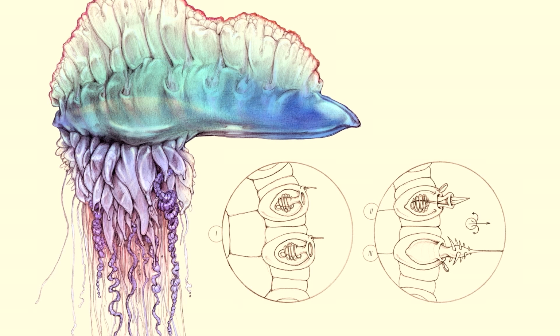These stinging tentacles are loaded with thousands of specialized stinging cells. Each of these is spring-loaded and contains a venom-soaked harpoon that fires upon contact. And that can be really bad news when you have hundreds or thousands of these things firing into you at once.